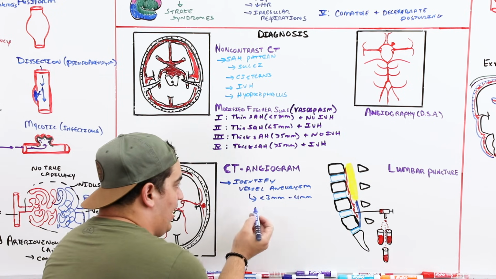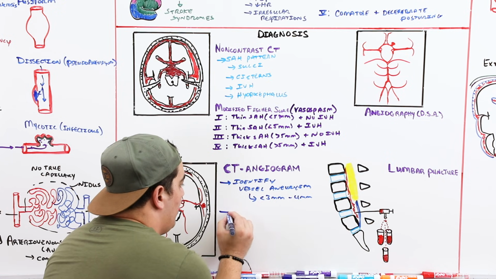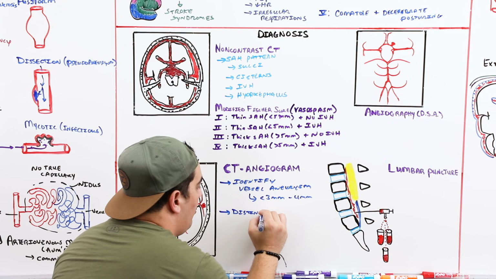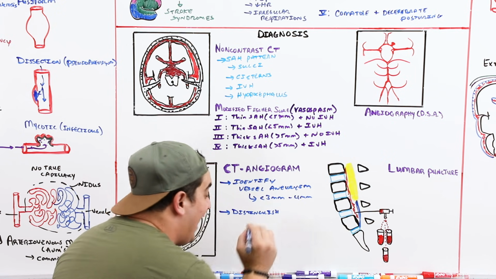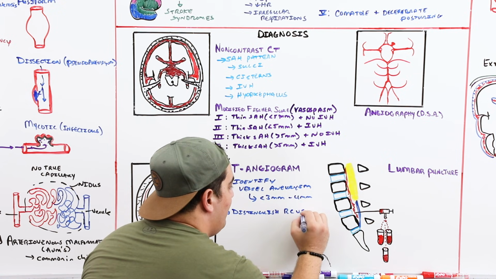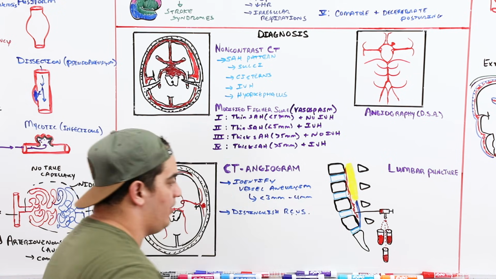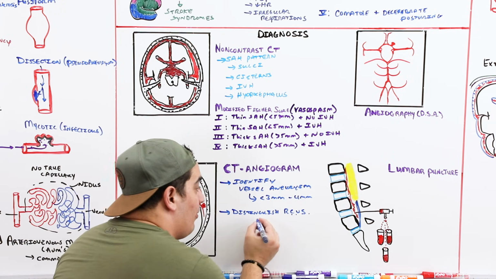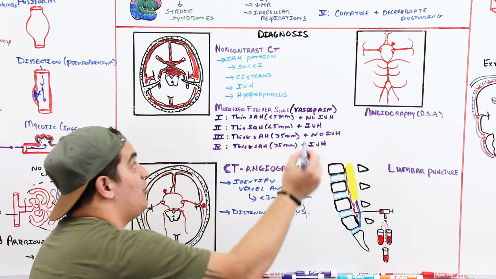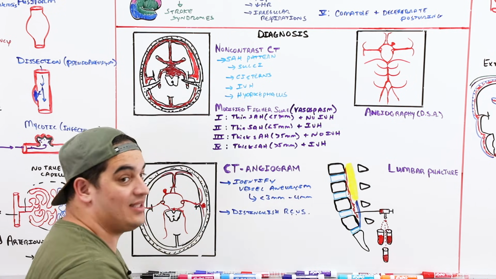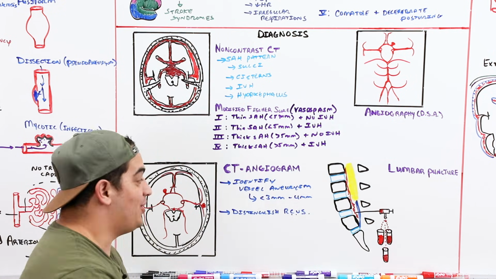Another thing with the CTA, besides identifying the vessel aneurysm, is it can help to distinguish a very particular type of presentation that's very similar to subarachnoid, what's called RCVS, reversible cerebral vasoconstriction syndrome, also known as Fleming syndrome. In RCVS, they can present with kind of a subarachnoid hemorrhage pattern on their non-contrast CT and their clinical features.